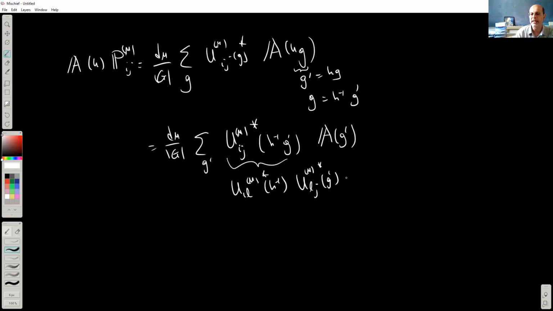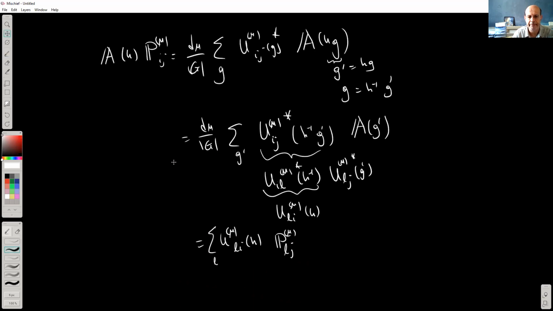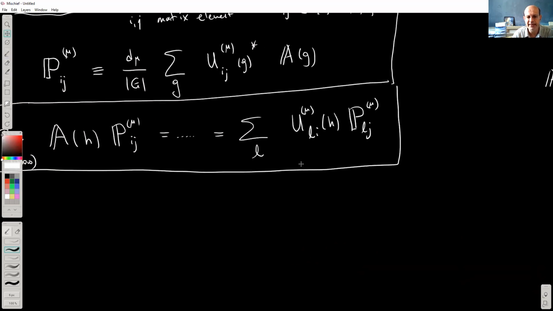So just expand it like that, and then you're going to have this G prime summation here. That summation is going to give us the projection operator. Then you simplify this and show that this is equal to u_Li^mu of H. Once you do this, you're going to get the result. But I'm going to ask you to do this yourself, because if I go over these kinds of details, then the essential ideas will be lost.